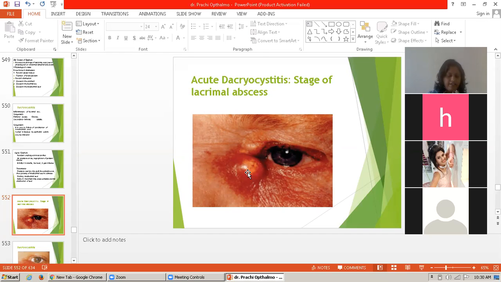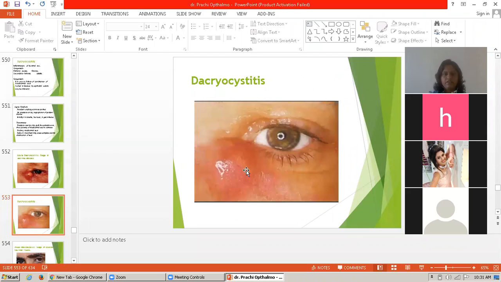The swelling is tender with enlargement of the submandibular lymph node. Constitutional symptoms like fever, malaise, etc. are present. An abscess may form with perforation of the skin just below the medial palpebral ligament, leading to the formation of a lacrimal fistula.